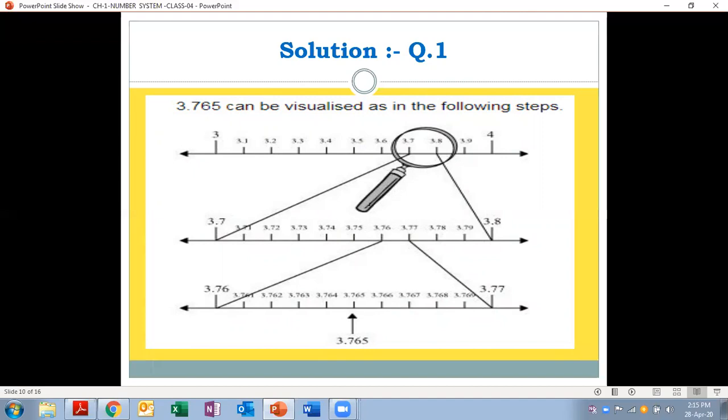Now you can see 3.7 and 3.8 on the extreme left and right. Now further we have the magnification of 3.76 towards the left side and 3.77 towards the right side, and we have taken in between 3.765. So here the way we have magnified and visualized, you can understand it, you can have clarity of it.